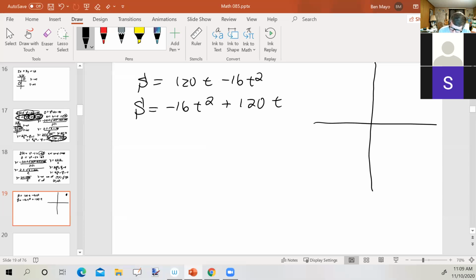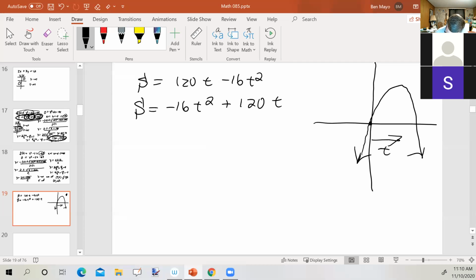When t is 0, s is 0, so it goes through the origin. So the graph is going to look something like this, roughly speaking. Now, we want to know how long after being fired and at what height will the fireworks appear in the sky?